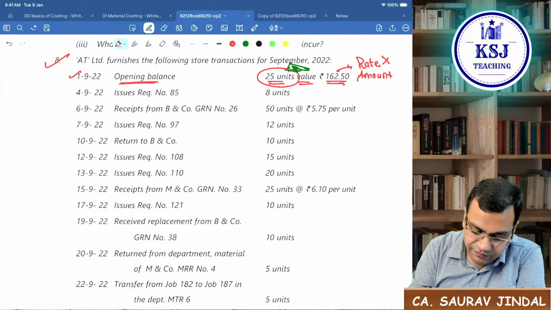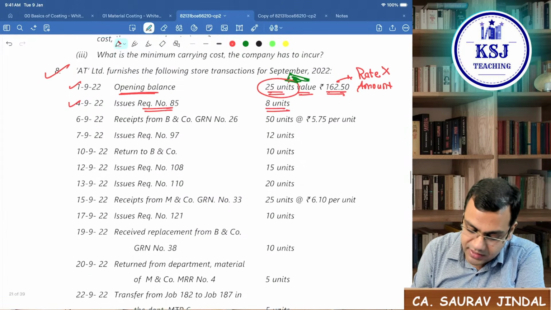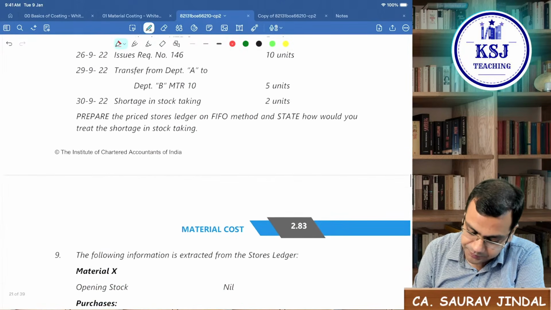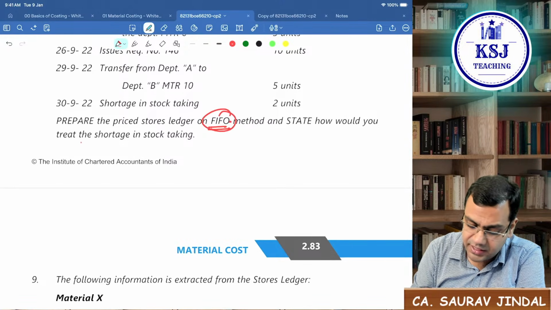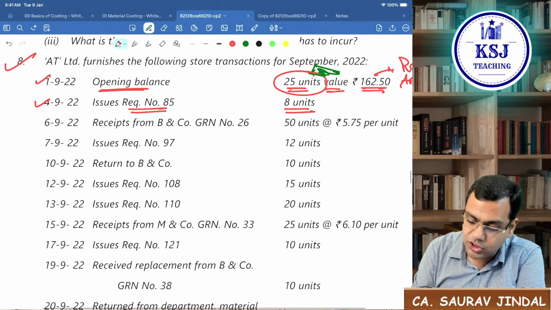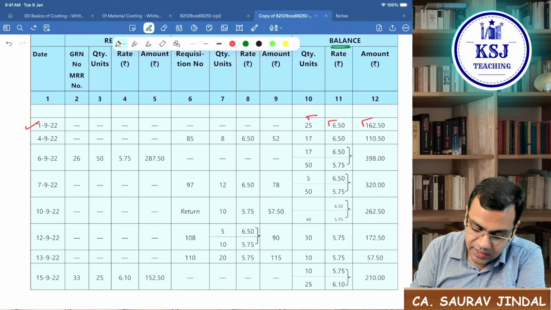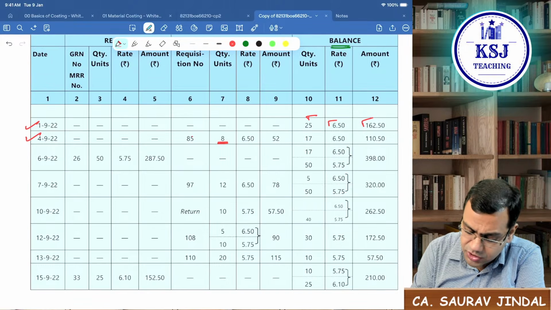Then on 4th of September, issue requisition number 85, 8 units are issued. The stores ledger is to be prepared on the FIFO method, and state how you will treat the shortage in stock taking. On FIFO method we are doing it. Issue 8 units, recorded against requisition number 85.